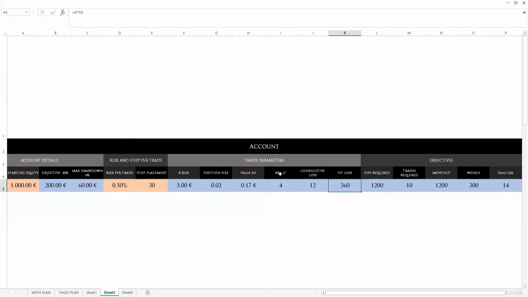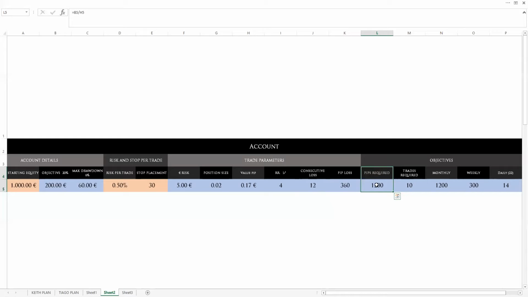Now, if I want to win and achieve these 20%, I have to make 1,200 pips. Now, these 1,200 pips, I divide by the time that I want to achieve that goal. In this case, I'm using 1 month.